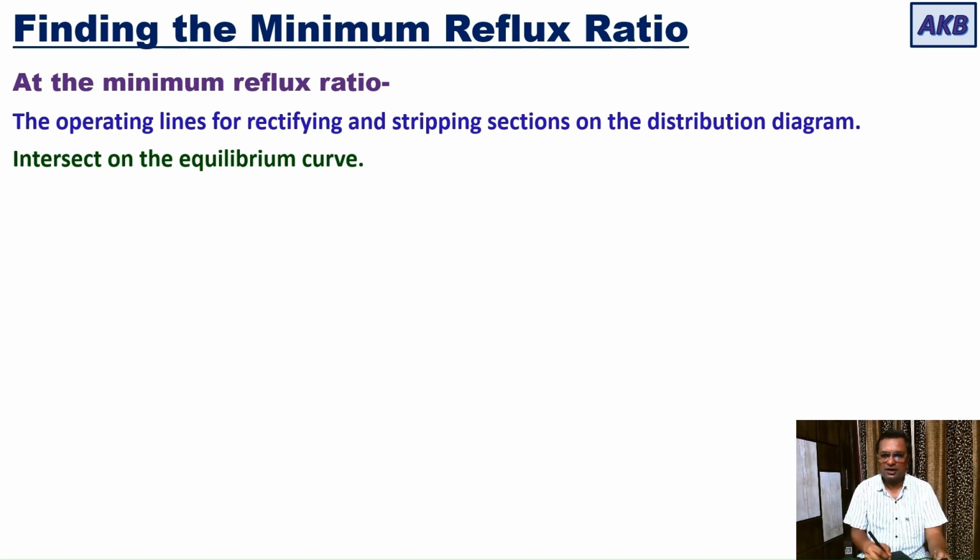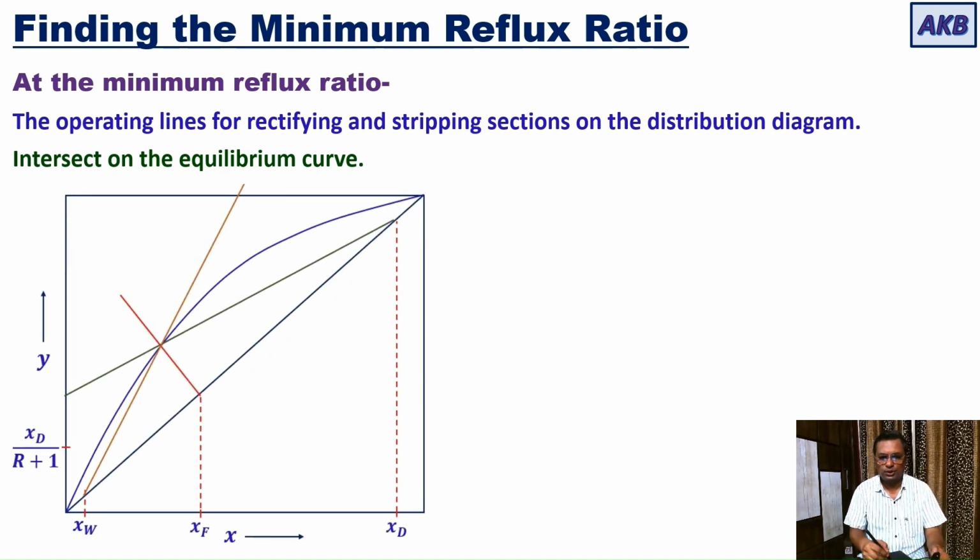I have discussed how this happens in my video on the minimum reflux ratio. So when you are using the minimum reflux ratio, the operating lines for the rectifying and stripping sections that we draw on the distribution diagram will intersect on the equilibrium curve.